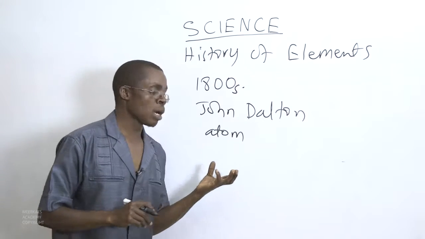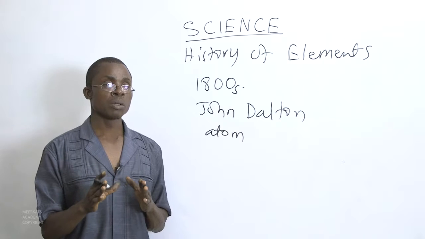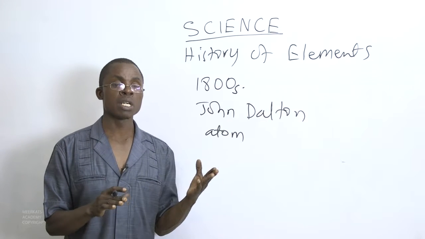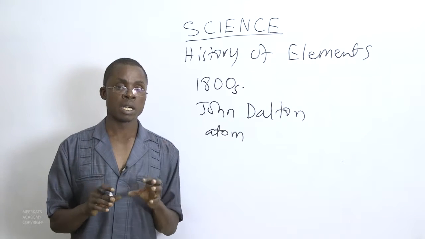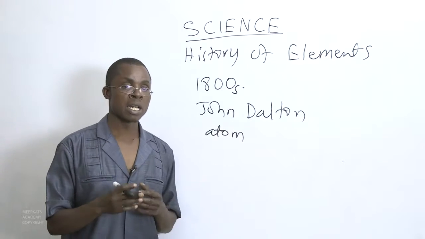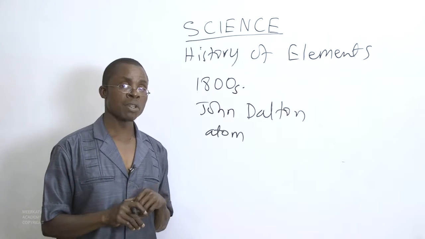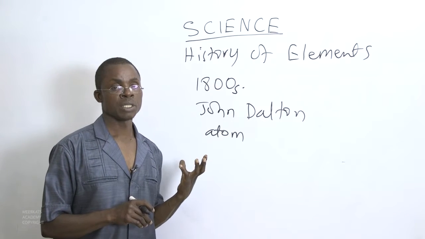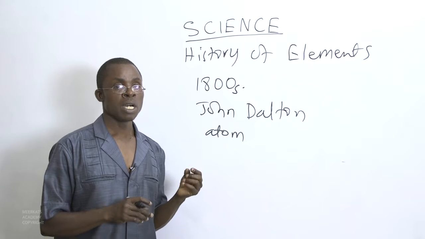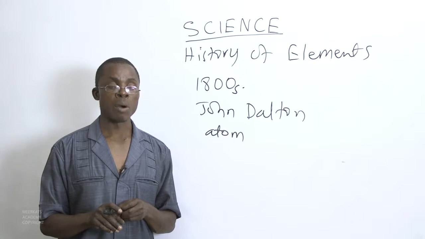Though in some of his description, you will find that part of his description and the description of the early scientists in Greece will be agreeing, but some will not. And also you'll discover that some of his description of an atom is still being carried up to today in a way.